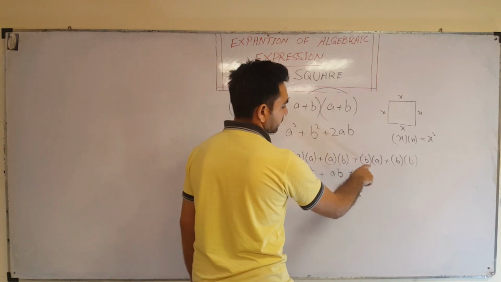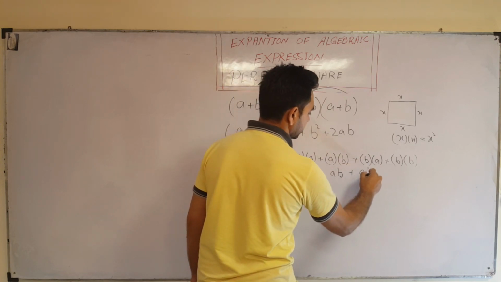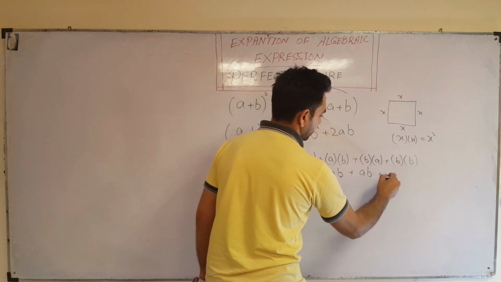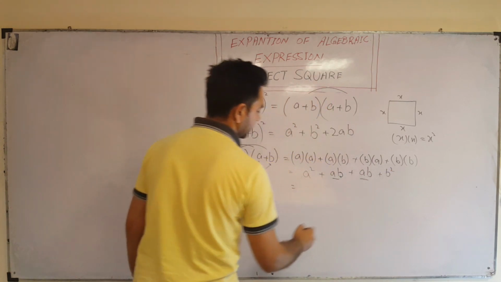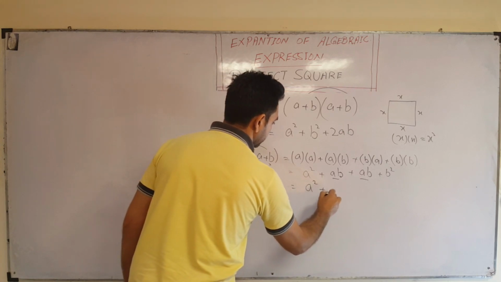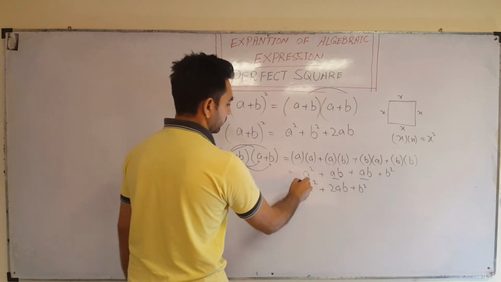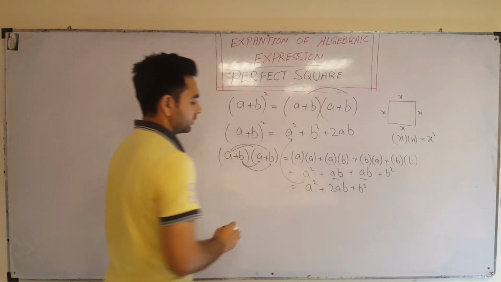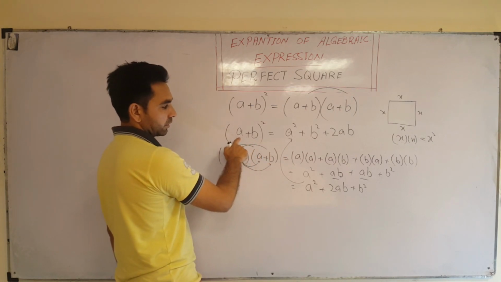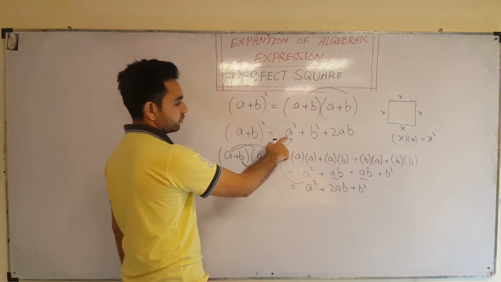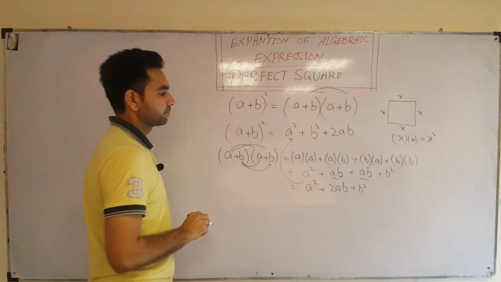In numbers, b times a or a times b are the same, so you can write this as a times b, and that is b square. These are both the same, so you can write this as a square plus 2ab plus b square, or you can write this in this format, which makes it simple to explain. So the square of the first one plus the square of the second one plus 2 times first and second.